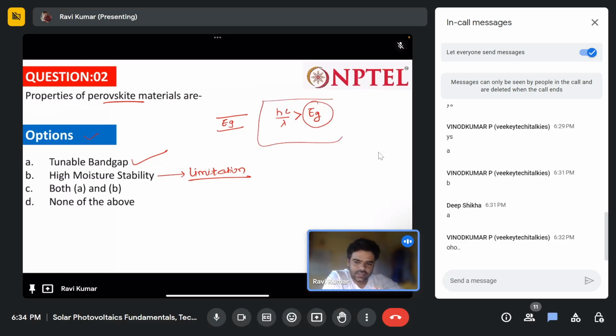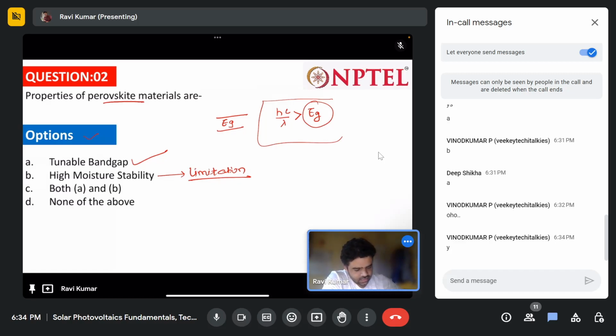I hope you got this. Yes, it is tunable band gap. Band gap is the basic thing which decides how much light you can use in generation.